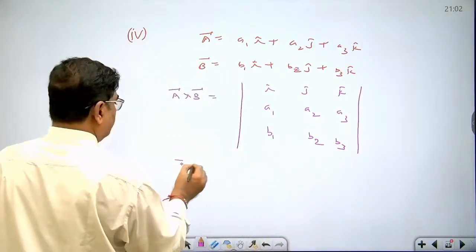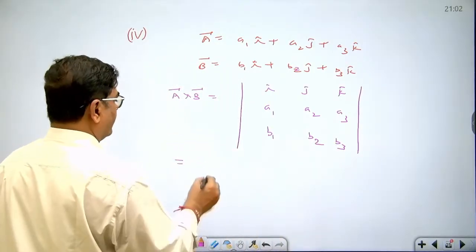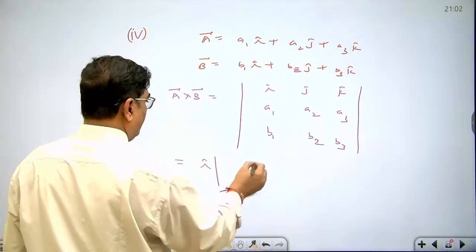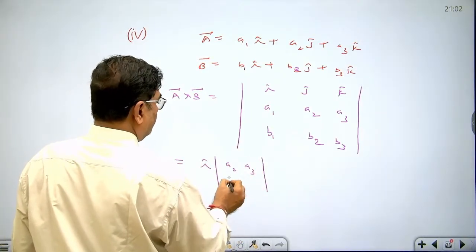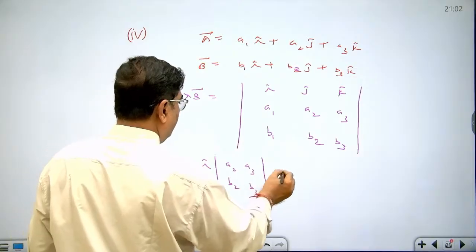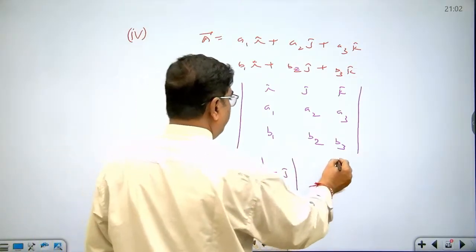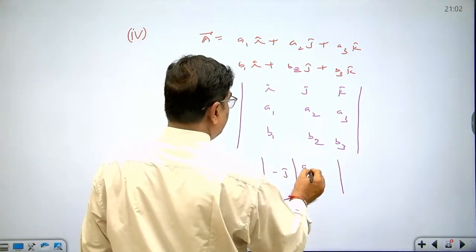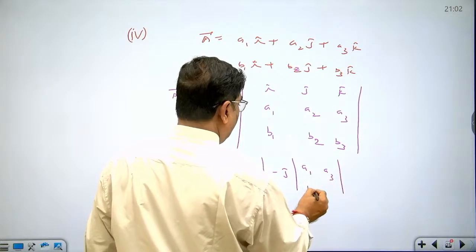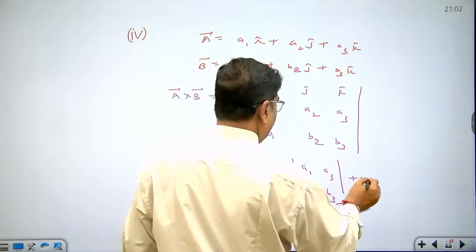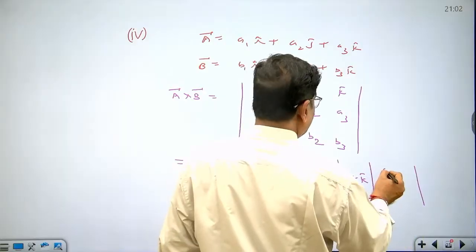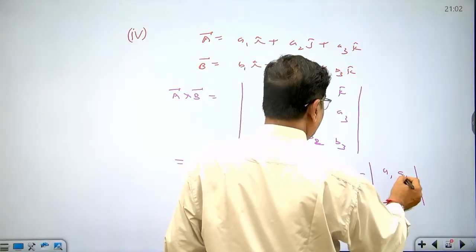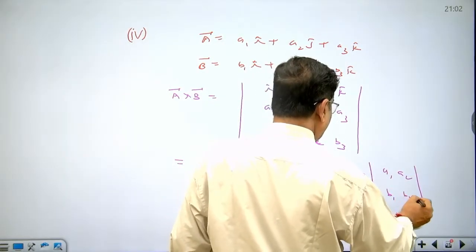Now we are using the solution of the determinant. For I cap, we are writing cofactors: this is A2, A3, then B2, B3. Minus j cap, this is A1, A3 and B1, B3. Plus k cap, this is A1, A2 and B1, B2.